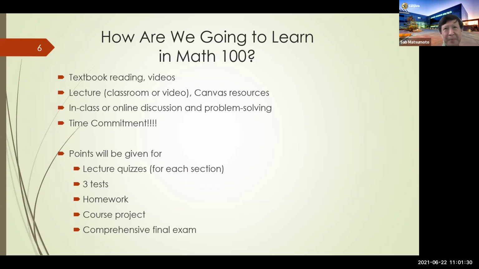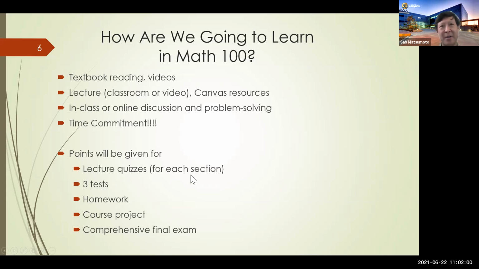You can also use lots of Canvas resources. There are many resources that you will find in your Canvas shell. You have inline or online classroom discussion and problem solving. But most importantly, time commitment is the key. Okay, make sure you have enough time, or manage your time wisely so that you have sufficient time to invest into Math 100.